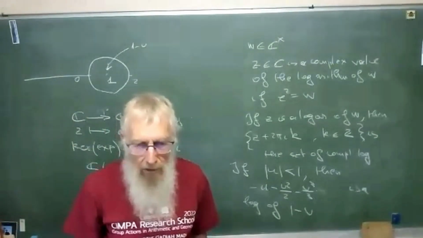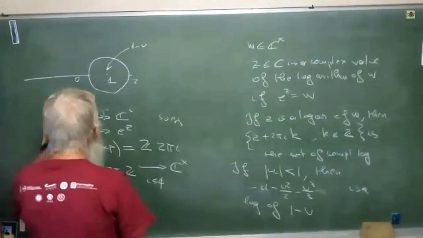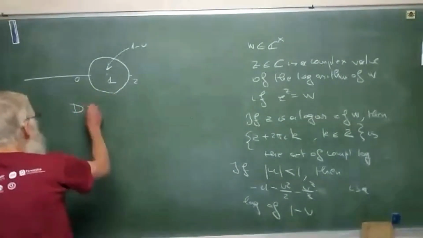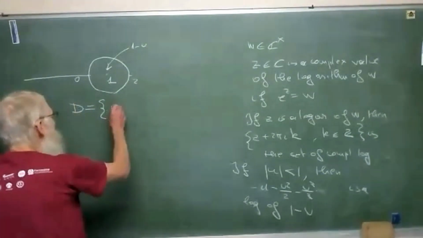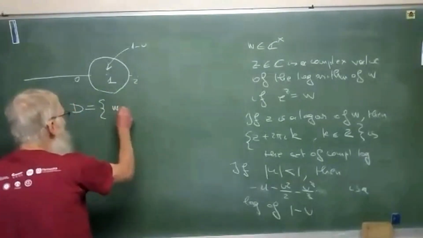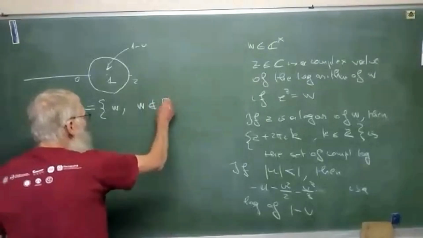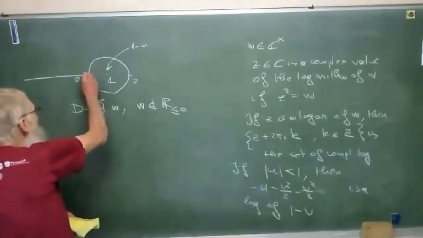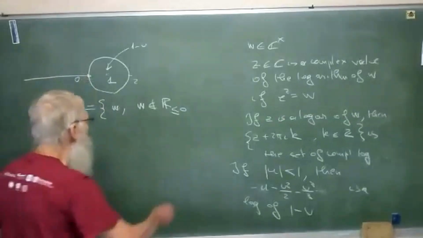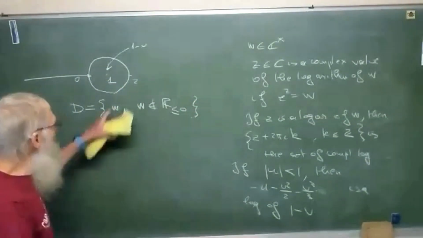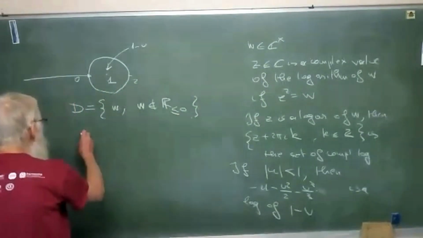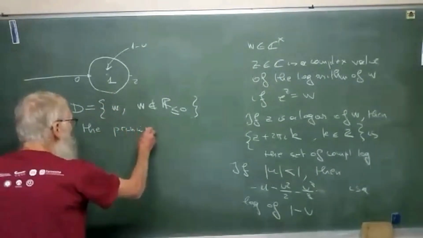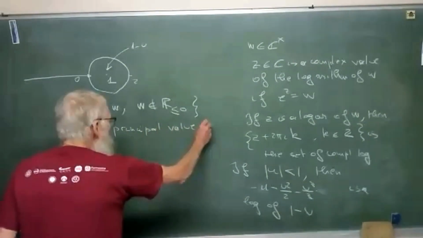On this open set, the set D, the set of w which are not negative, so this is the set of complex numbers where you remove the negative axis, the principal value of the logarithm extends to an analytic function, the principal value of the complex logarithm.